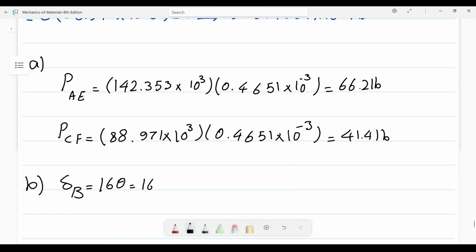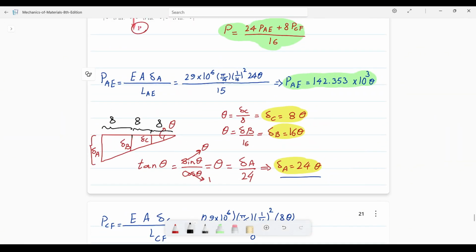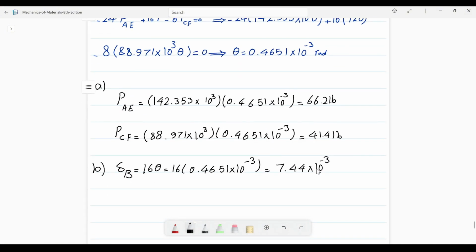It means 16 multiplied by 0.4651 times 10 to the power of minus 3 equals 7.44 multiplied by 10 to the power of minus 3 inch, which is like this. And we have a sign here.